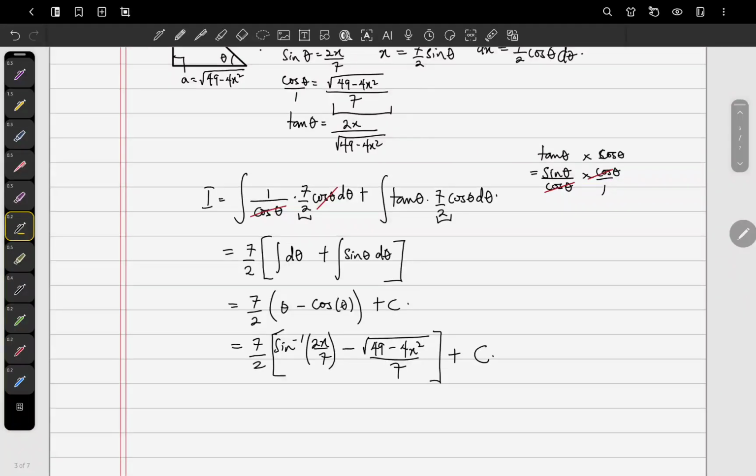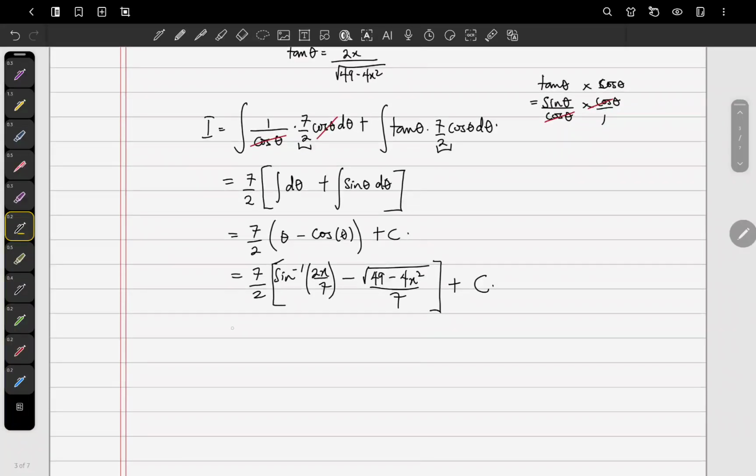So this is basically the answer, but if we like, we can distribute the 7 over 2. So we have 7 over 2 sine inverse of 2x over 7 minus 7 over 2 times the square root of 49 minus 4x squared over 7 plus c.